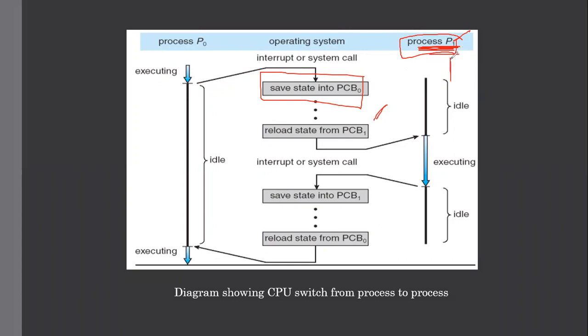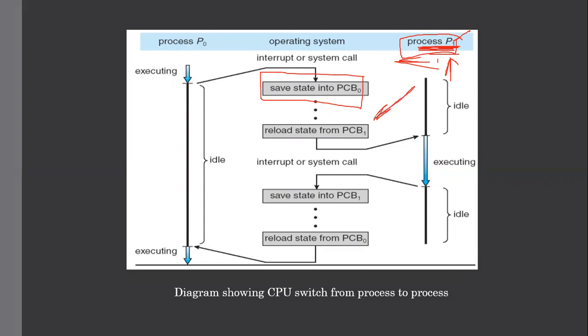The program counter for this particular process will tell you the next instruction to be executed, and that information is stored in the PCB. If process P1 has opened some files, etc., you need all this information before actually executing it.